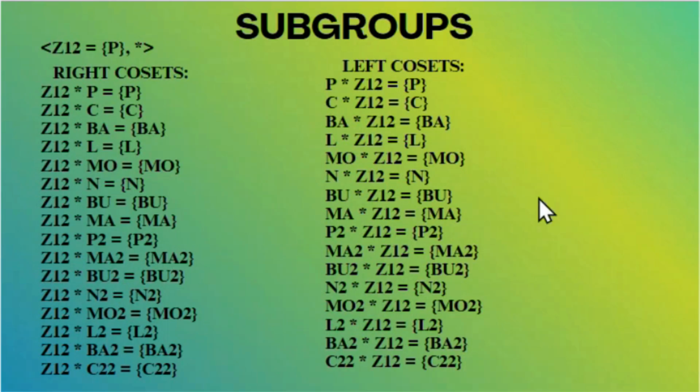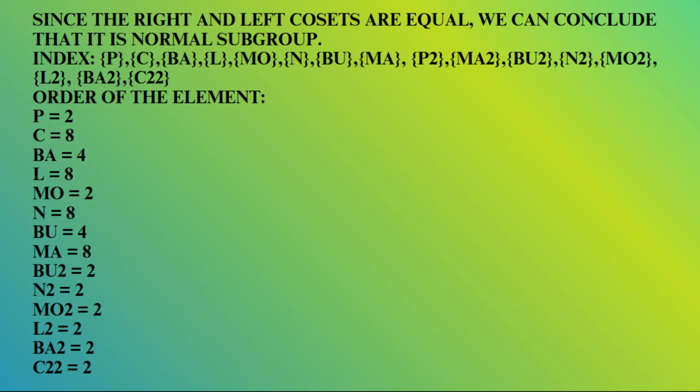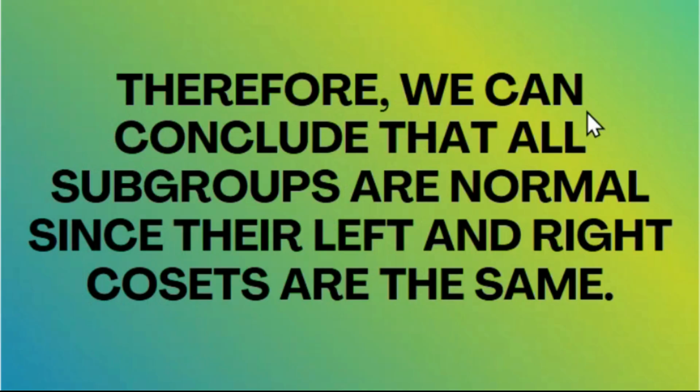So whatever you operate with the identity element is the answer itself. So for Z sub 12, a star P is P, C star Z sub 12 is C, BA. So it will be the same for right and left coset. To summarize, we can conclude that all subgroups are normal since their left and right cosets are the same.